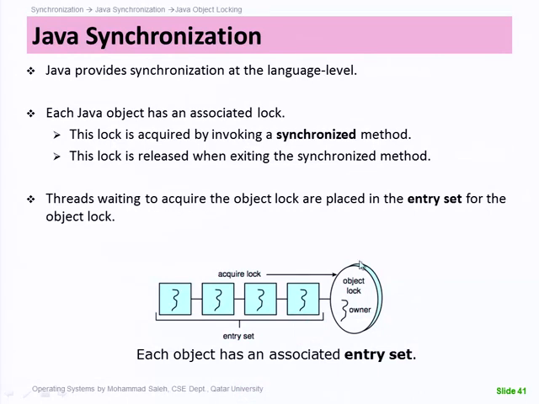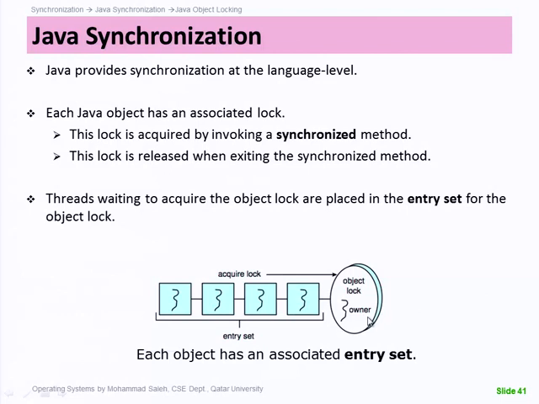So this object has an active lock because we have called synchronized either on the object itself, or on a code segment, or on a method of that object.